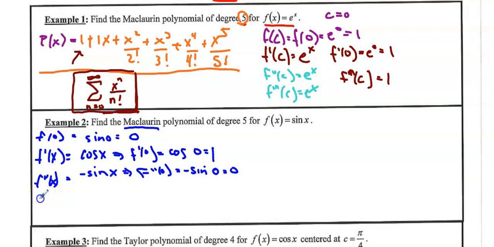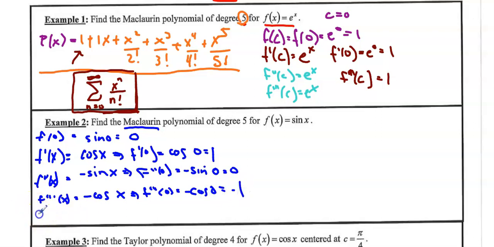And then we're going to do this 2 more times, and you guys will clearly see what's happening with this pattern here. So then I'm going to do now the third derivative, and the third derivative is going to be negative cosine of x. And that's going to be the third derivative at 0, negative cosine of 0, which is going to be negative 1.